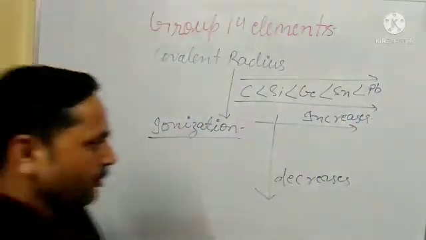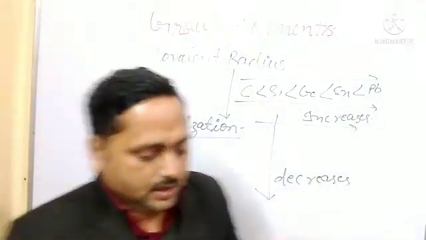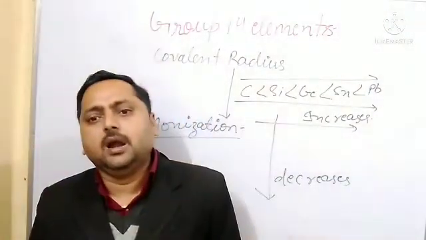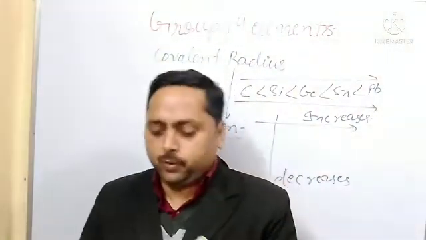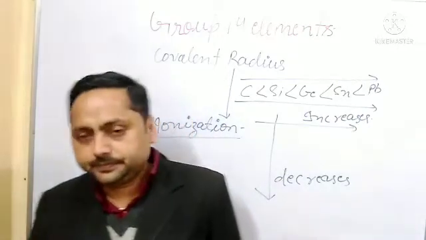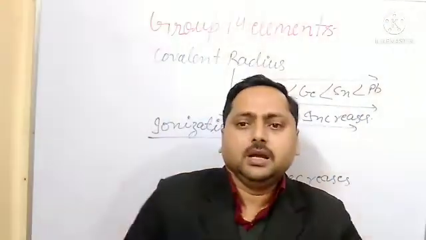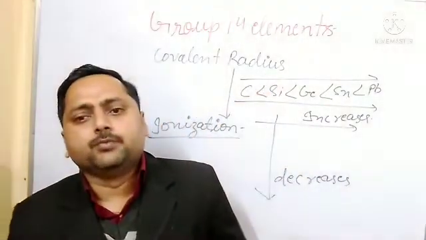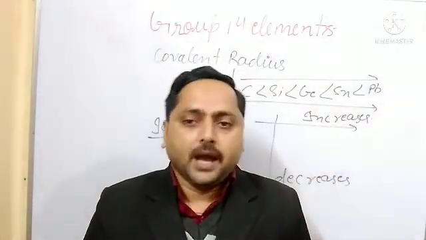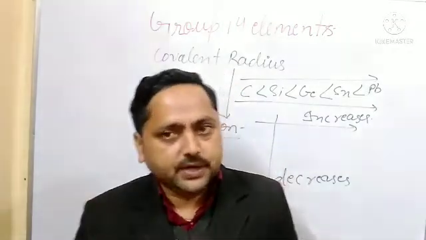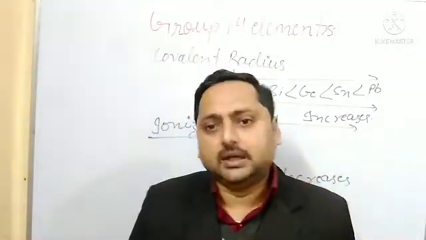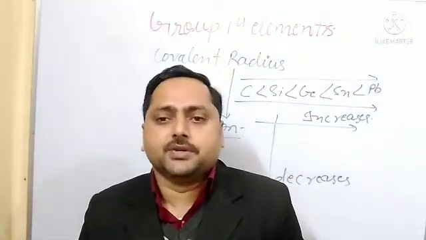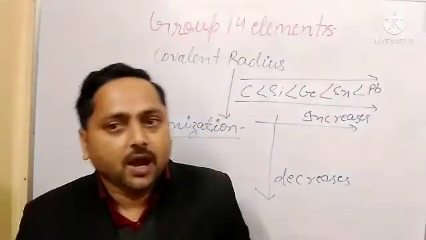But here we will observe a change in ionization potential due to the involvement of d and f orbitals after the third shell onwards. Due to the poor shielding effect, or screening effect, of d and f orbitals, they affect the size, and that affects the ionization potential.